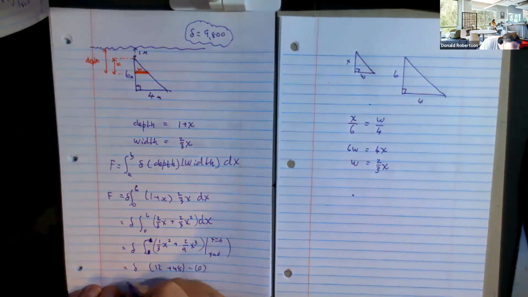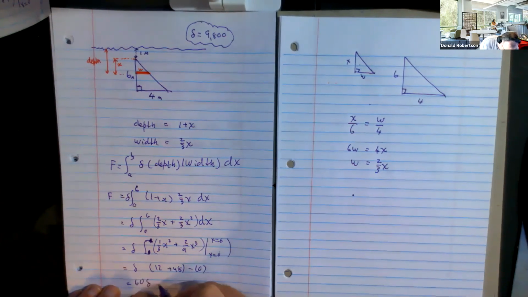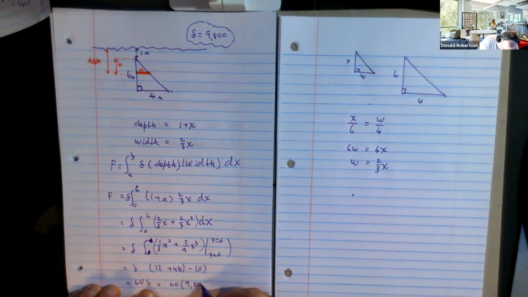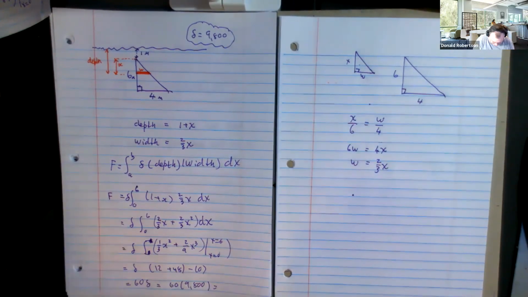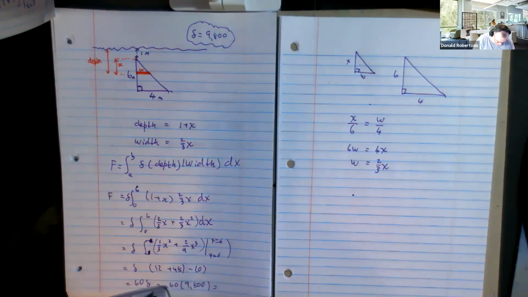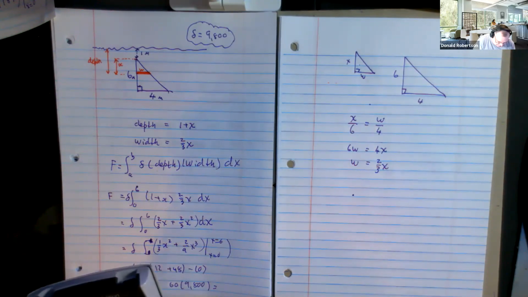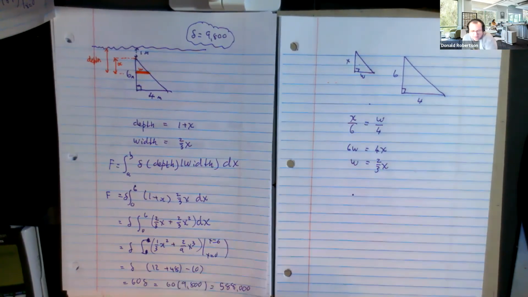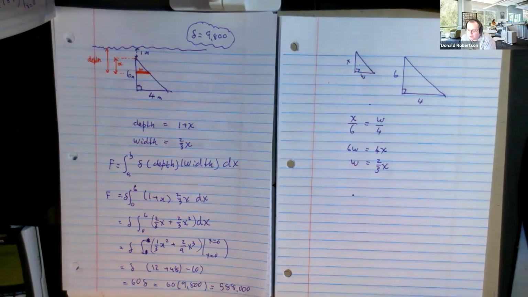I get 60 delta, 60, 9,800s. So 60 times 9,800. And that gets me 588,000. A massive, over 500,000. Massively big number.